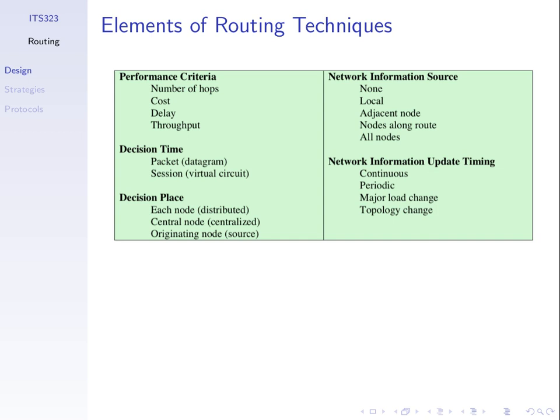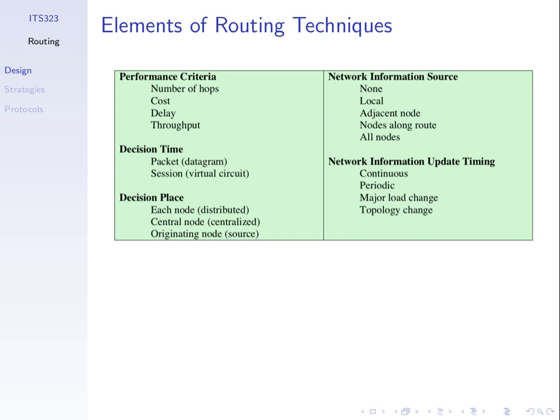Financial costs, so cost here means financial cost. If we think of networks across the globe, across the world, connecting between different countries, someone needs to pay for the traffic to be transferred between different nodes. So choose a path which minimises the financial cost. Throughput.